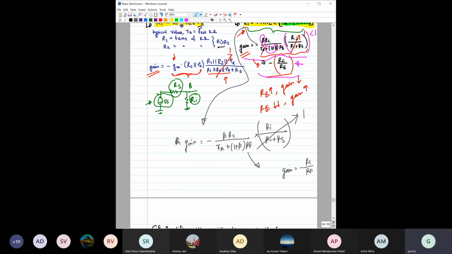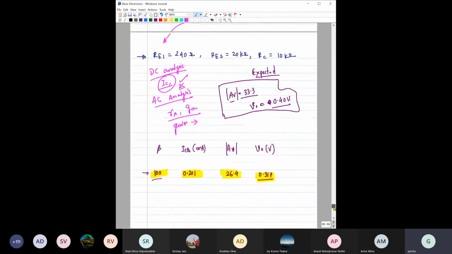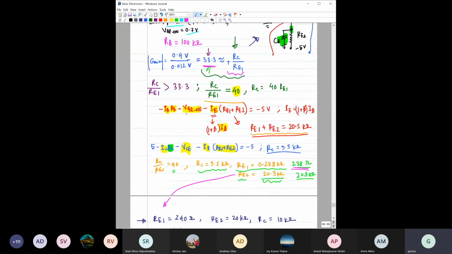If we approximate this term as closely equal to 1, the error is not much, but for that approximation we assumed that R pi is very, very much less than 1 plus beta into RE. Then only can we neglect this R pi, right? So remember, R pi is much, much less than 1 plus beta RE. But are we really getting this for this particular case?